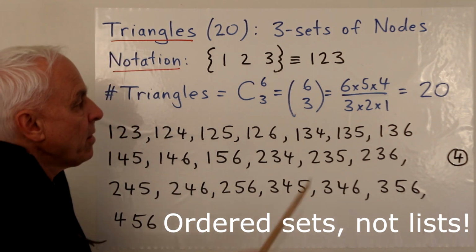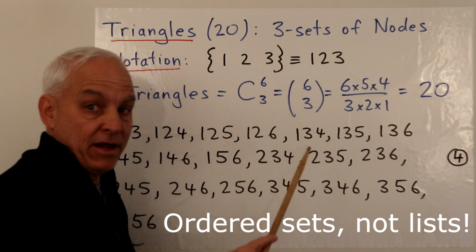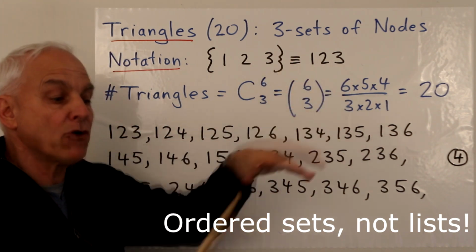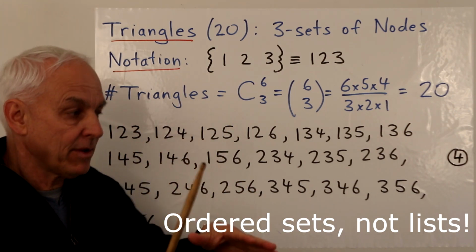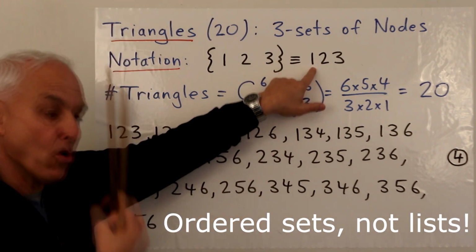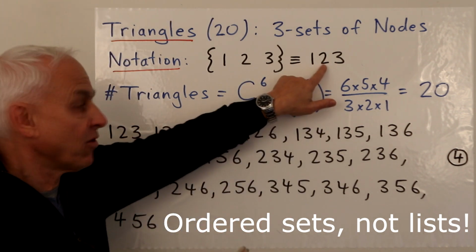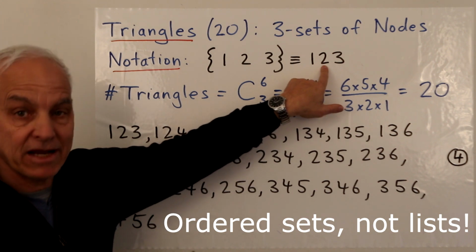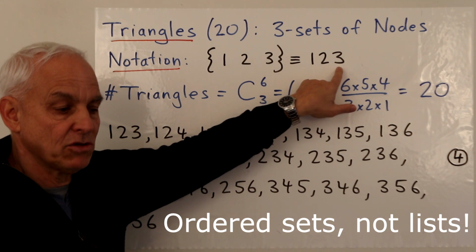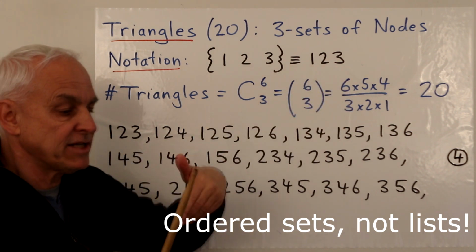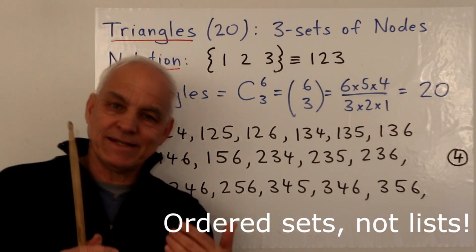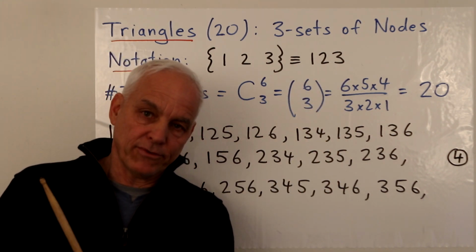So if we're creating a list like this, where there's actually a first object and a second object and a third object out of a total of 6, then there's 6 choices for the first one, and once we've chosen that one, there's 5 objects remaining to be put in the second place, and after we've chosen that one, there's 4 objects remaining to be put in the third place. So that's altogether 6 times 5 times 4 possible 3-lists from 6 objects or nodes.